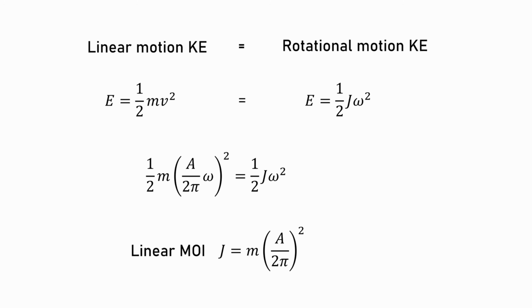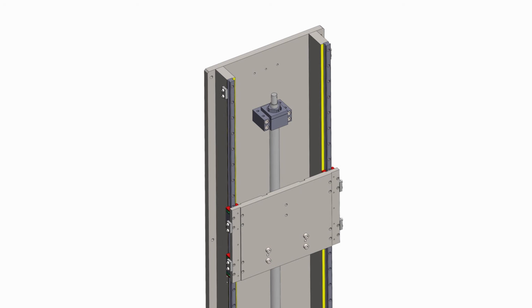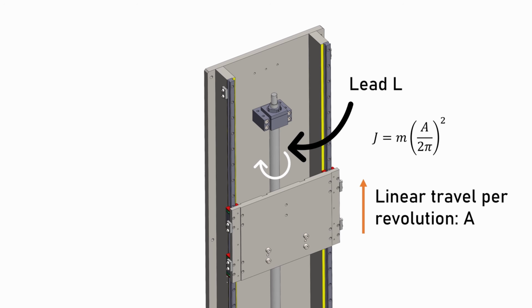Linear moment of inertia is m times (A divided by 2 pi) square, where m is the linearly moving mass in kg, and A is the linear travel per revolution, in meter per revolution. For example, in a ball screw or lead screw system, linear travel per revolution A becomes the screw lead. So the equivalent inertia becomes m times (lead divided by 2 pi) square.